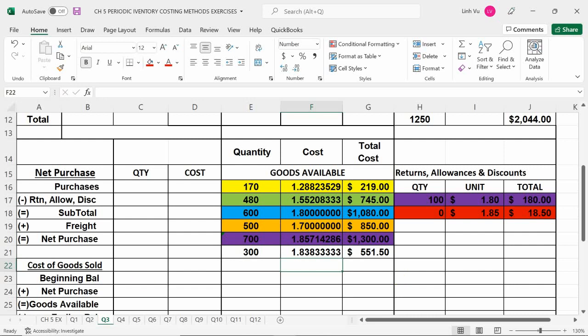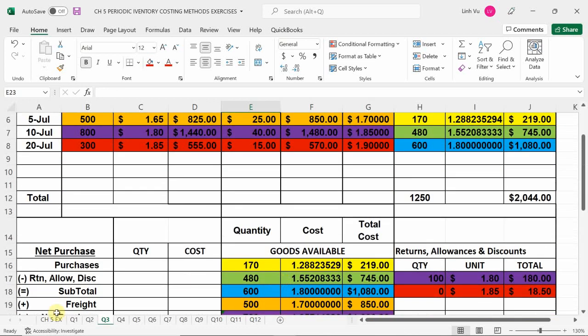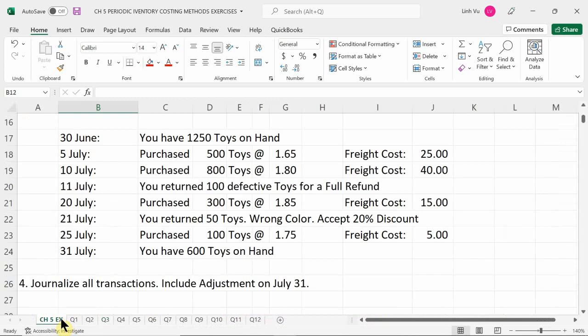Okay. And of course, once again, this is my red batch of inventory. Okay, and then let's see what happened last.